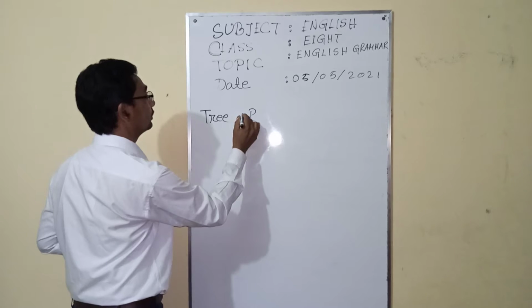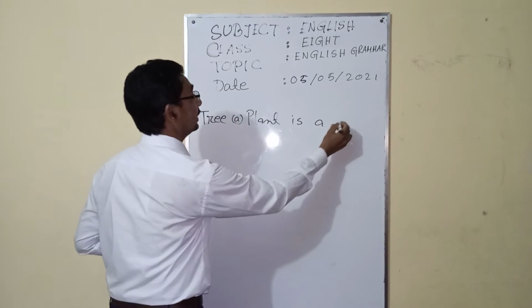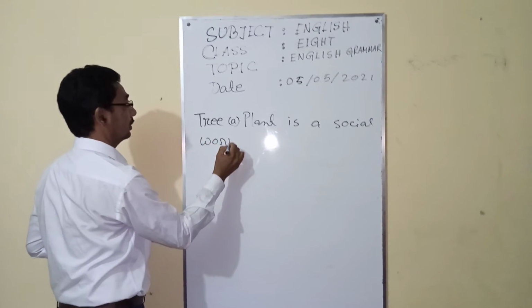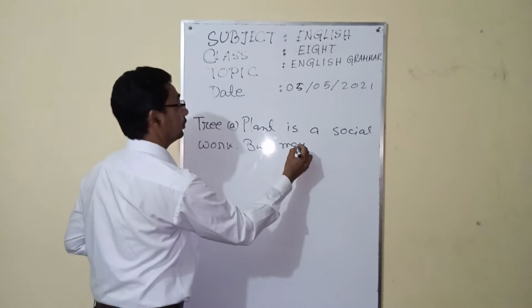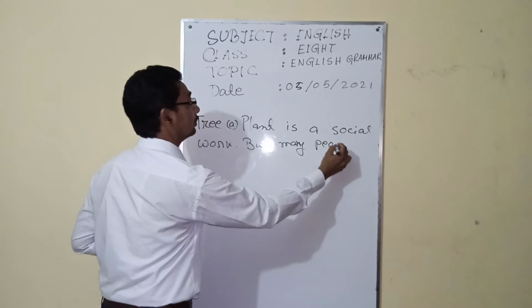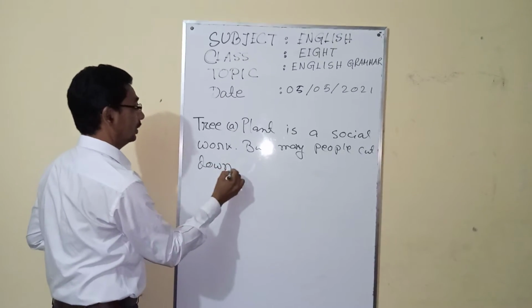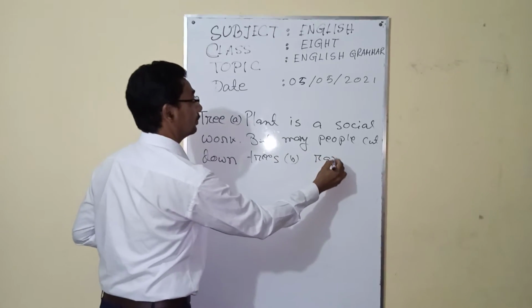For example: Tree plant is a social word, but many people cut down trees random.